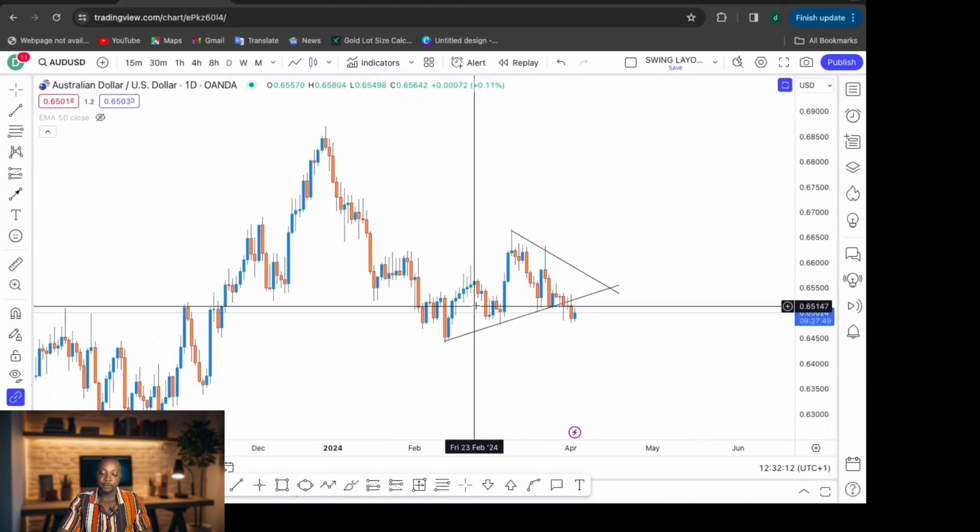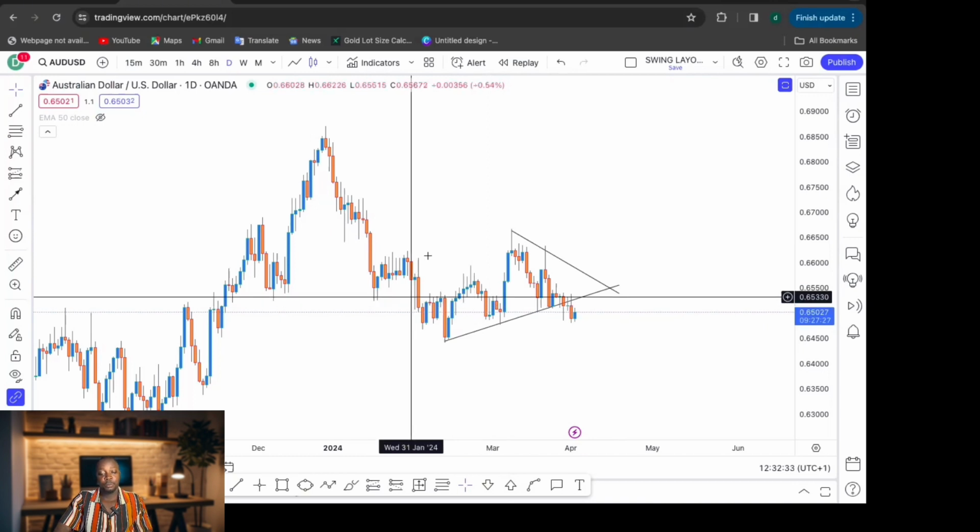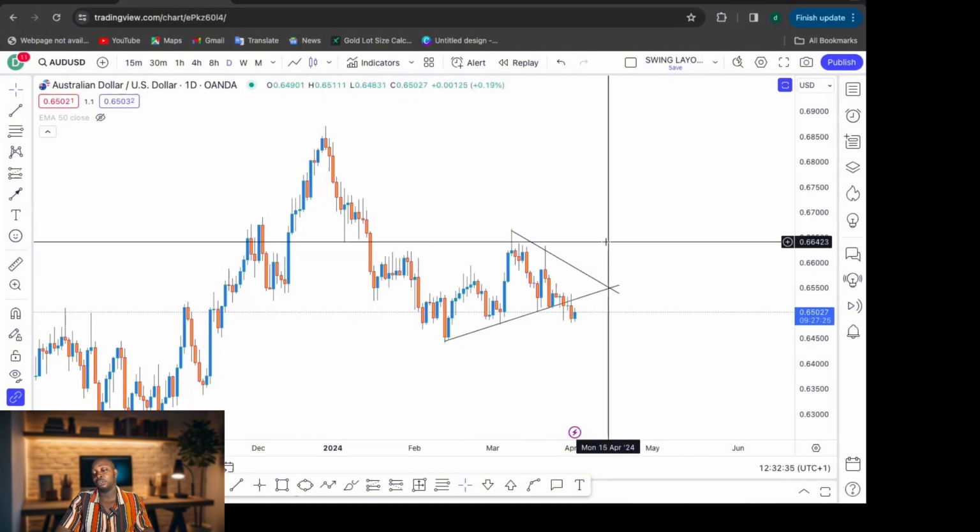So if you're able to come to the charts, look at the price action, and make a decision, you'll be a very good trader, as opposed to waiting for an indicator to tell you this is the time to buy or sell. Like I said, most of the indicators are lagging, so the opportunity might have passed before the indicator shows you that you should buy or sell here.